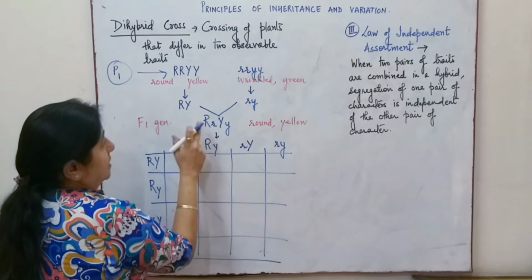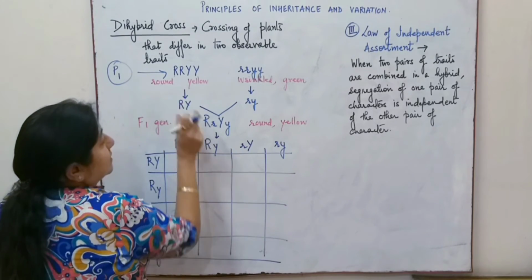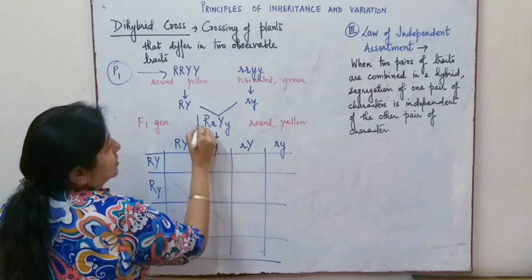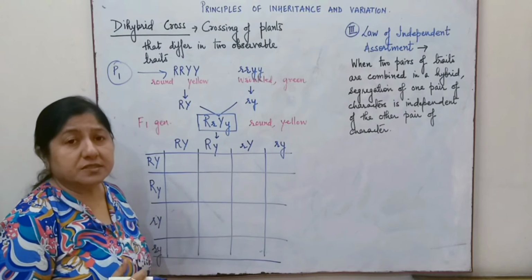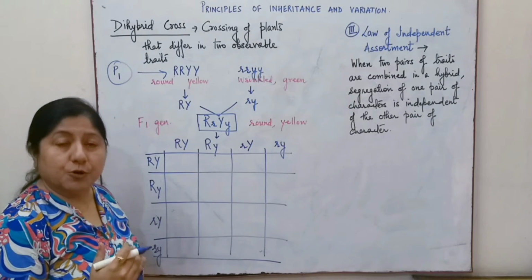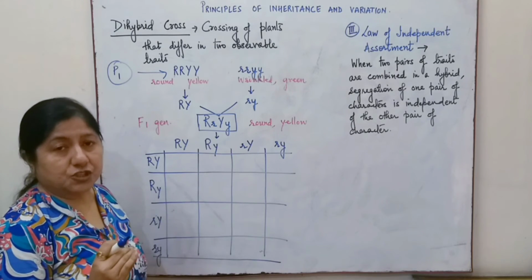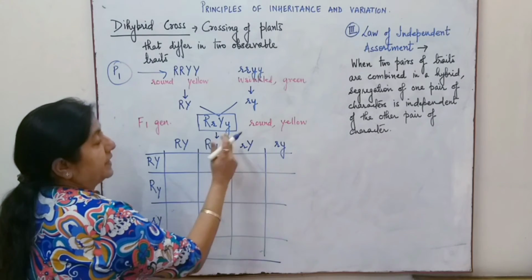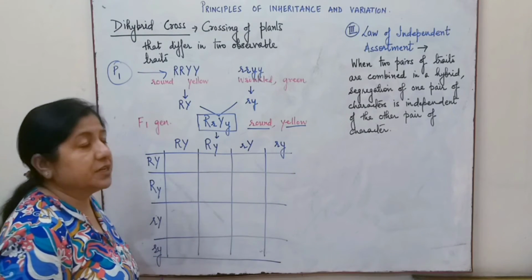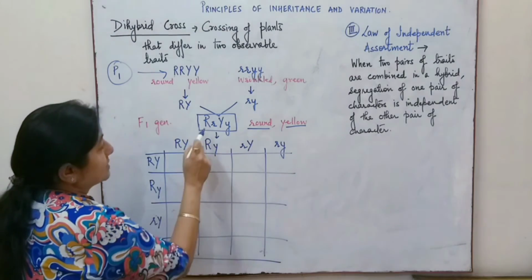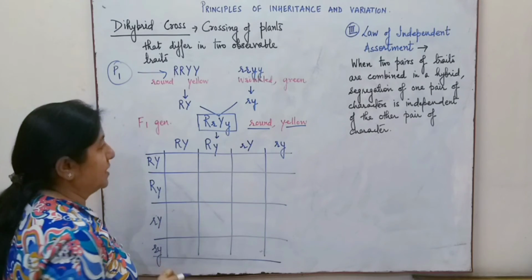When these plants were cross-pollinated, they resulted in plants which were all round and yellow, similar to the monohybrid cross, where the F1 generation showed the dominant trait. So here we can make out that round and yellow are dominant traits, masking the wrinkled and the green. These are the recessive ones.